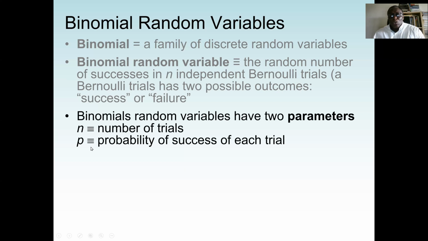So here we are going to use some notation. First, we know the lowercase n is the number of tries. And the P here means the probability of success of each try. So a binomial random variable has 2 parameters: the number of tries, and the probability of success of each try.